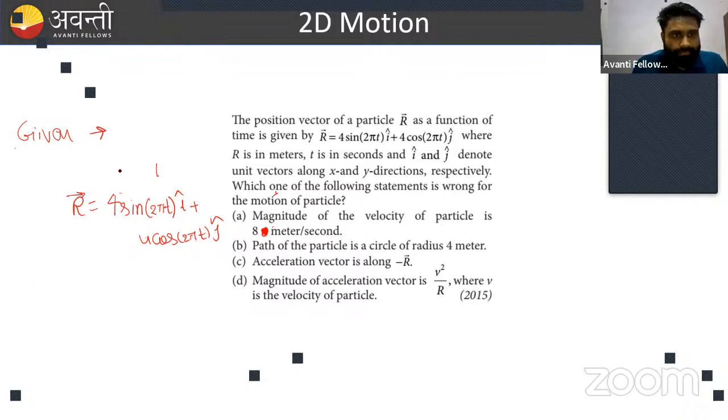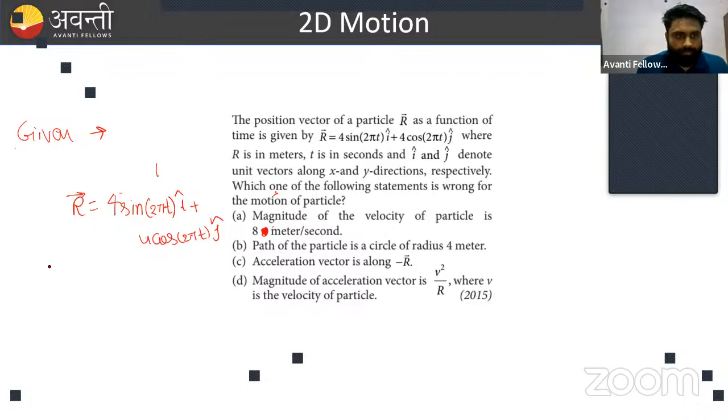So we are provided with the position vector. Okay, what we are going to do, we will directly differentiate this position vector so that हमें अलग अलग component of velocity निकालने की आवश्यकता नहीं होगी. We don't need to separately calculate the velocity vectors in x direction and in y direction. We will directly differentiate this position vector and then get the answer.